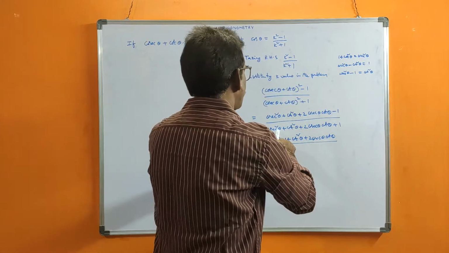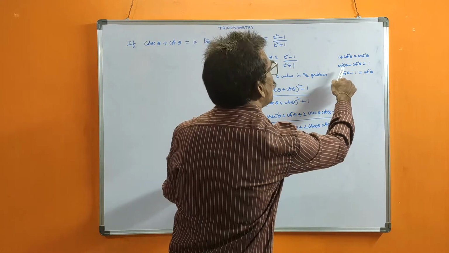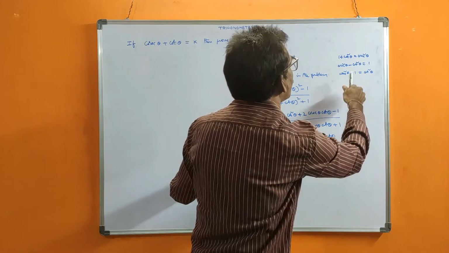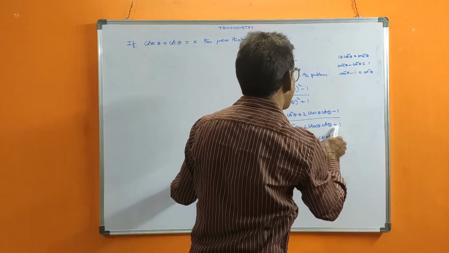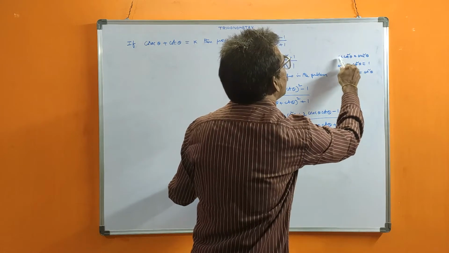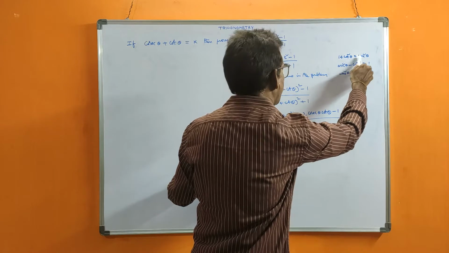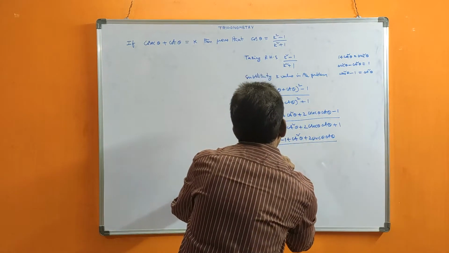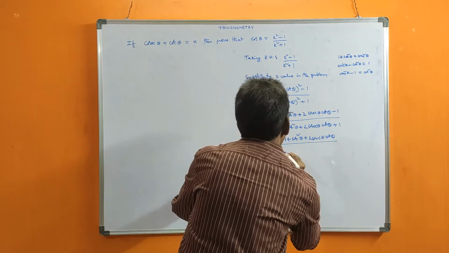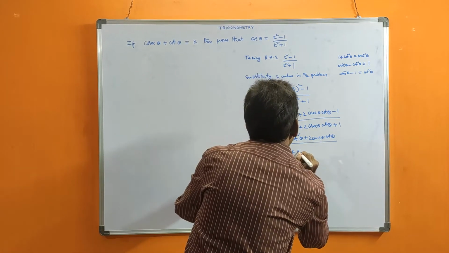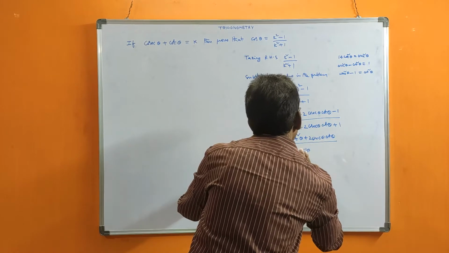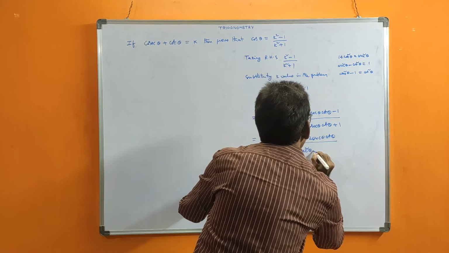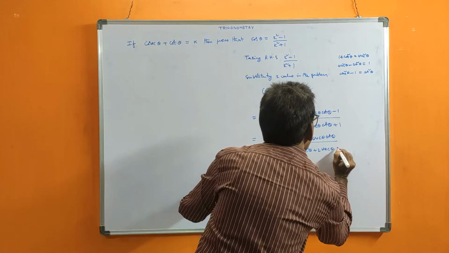Next, down you see, cosecant square theta plus 1. Cot square theta plus 1 is there. You join cot square theta and 1, that means first you write cot square theta plus 1, then later you write this cosecant square theta, next plus 2 cosecant theta cot theta.